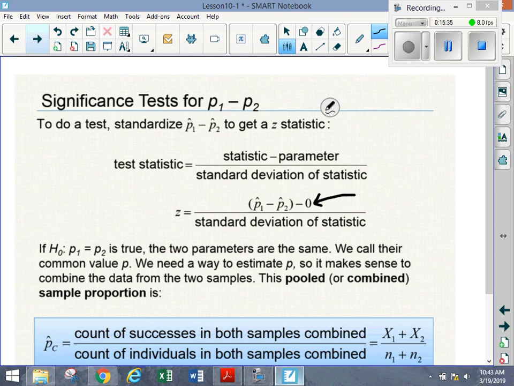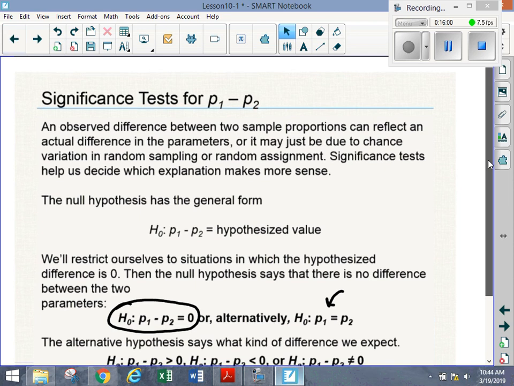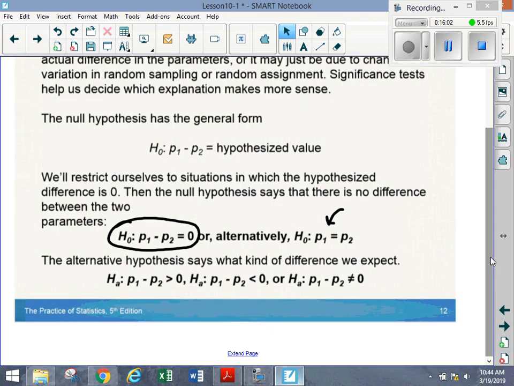If I have two proportions, my parameter value is always 0 in that one, because your statistic minus parameter is 0. So if you just stick with that and stay consistent, you'll be less likely to make a mistake. I think it's a better way to go. So that's why I like to stick with that one.